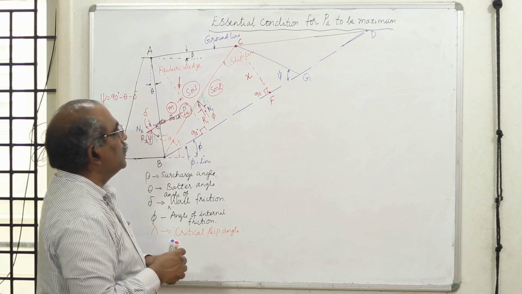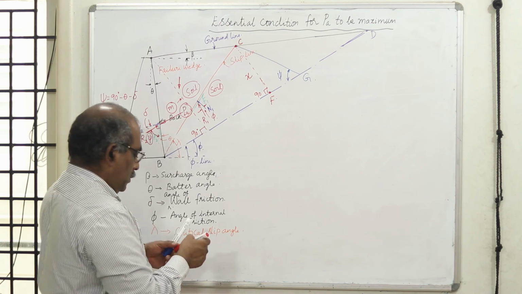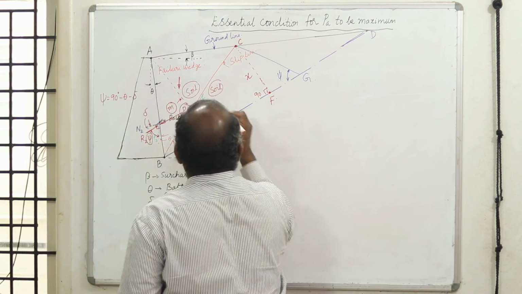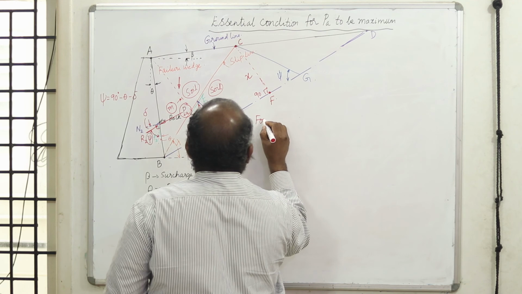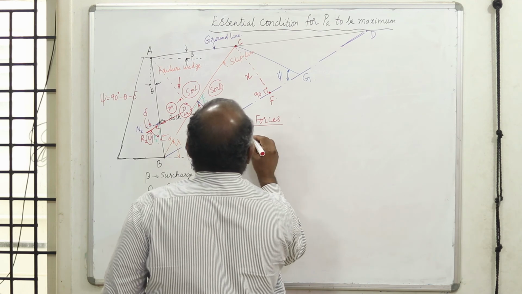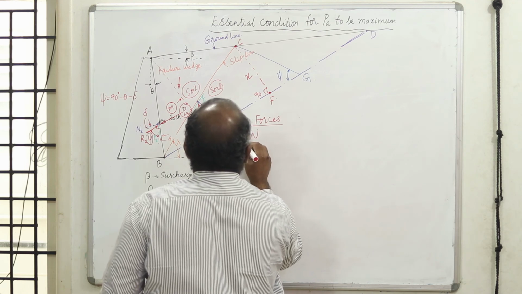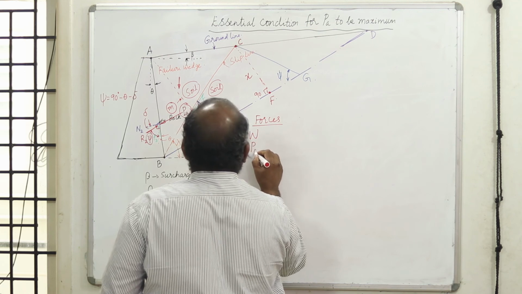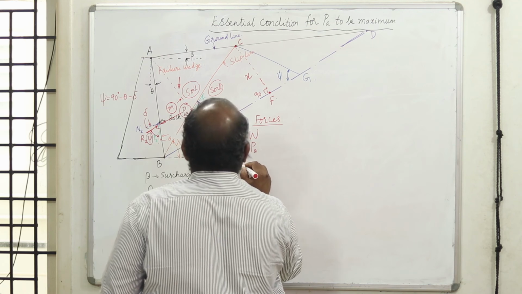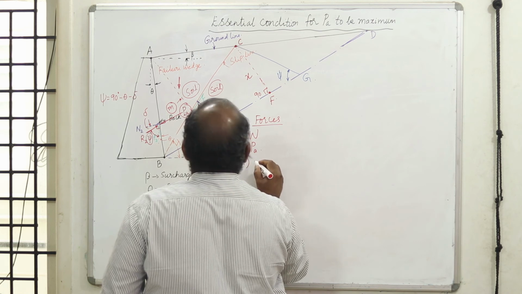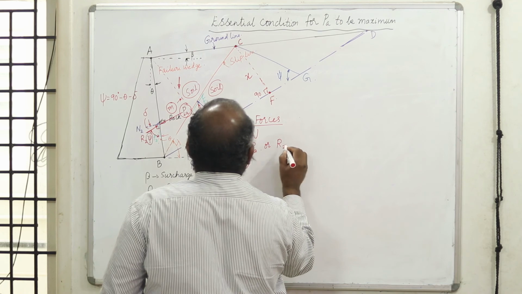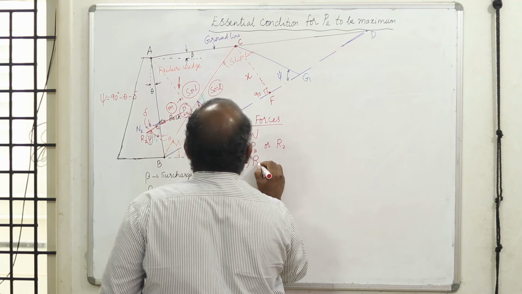Now we have got this force W. What are the forces? W is one force. The second one is the force PA, which is R2, and the third is the reaction R1.